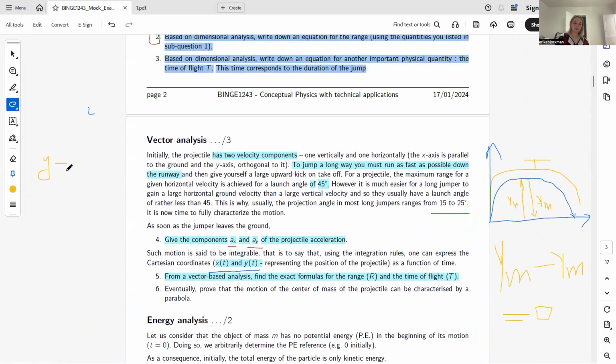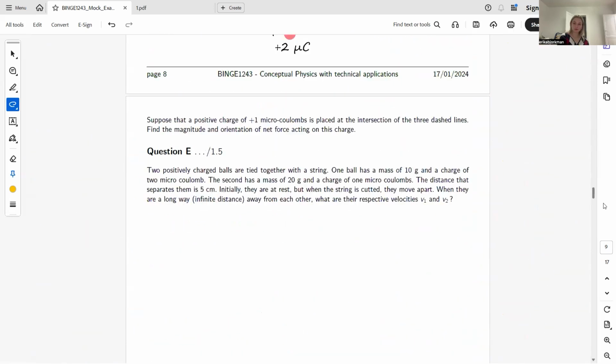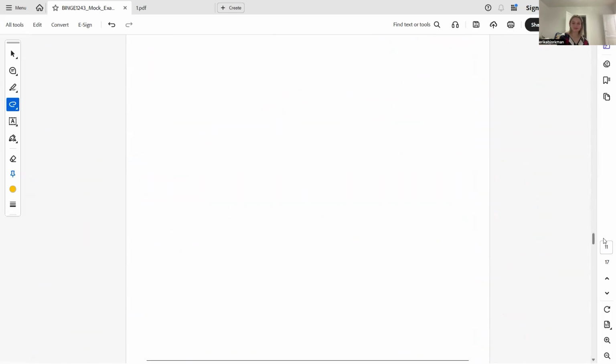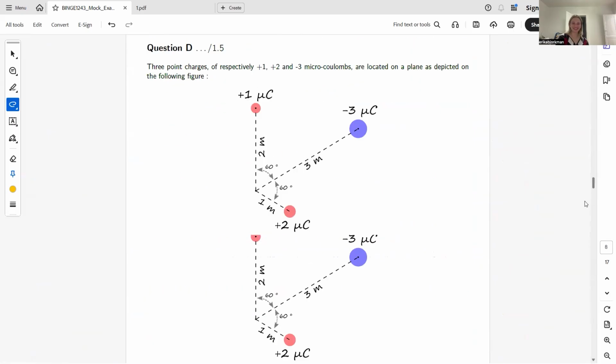So I can write y is equal to v naught sine of theta into t minus half g t square. I have enough space in this case. Here you can see free empty pages. That's good.